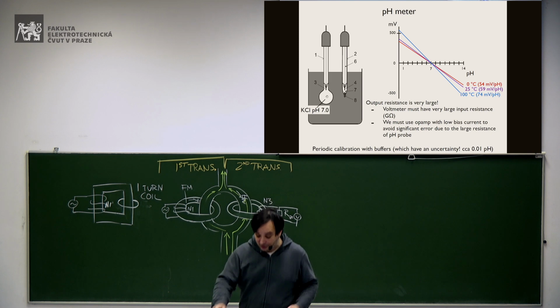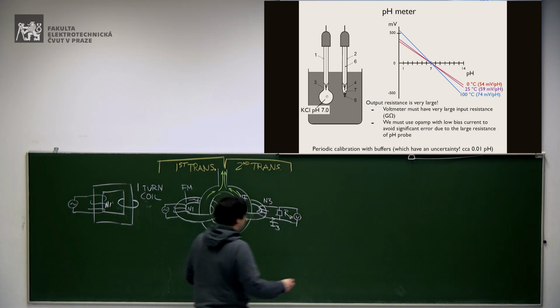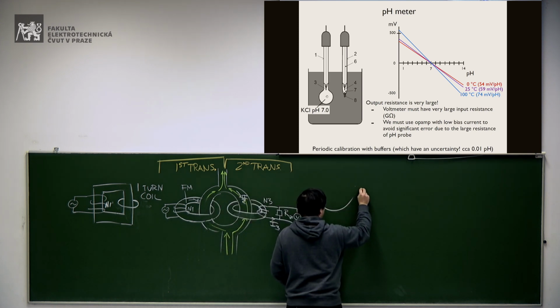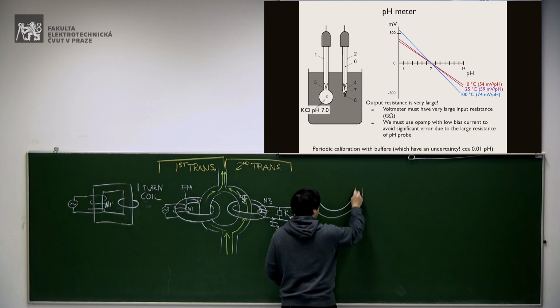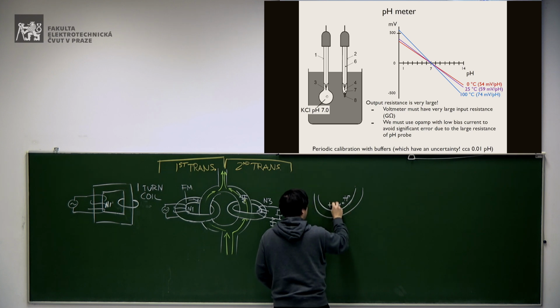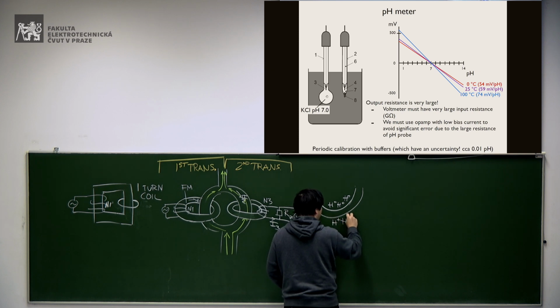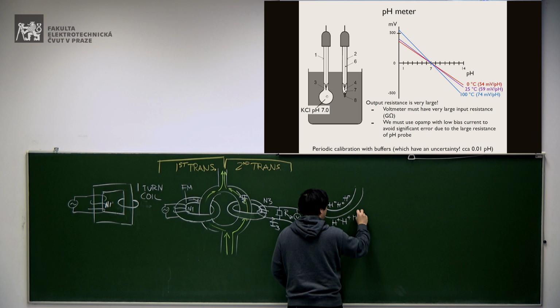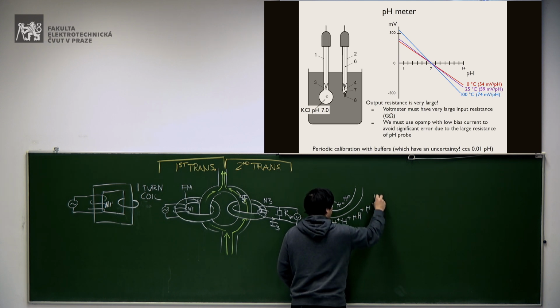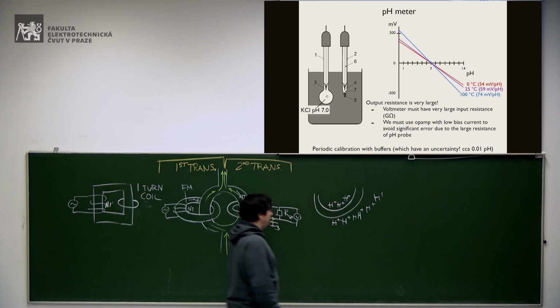So different potential, okay? So just imagine that you have this bulb here, okay? If you have H plus, H plus, H plus here, and you have outside more charges, then you have an electric potential, okay?